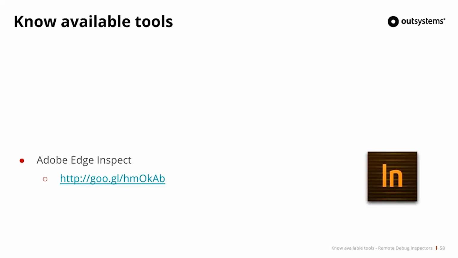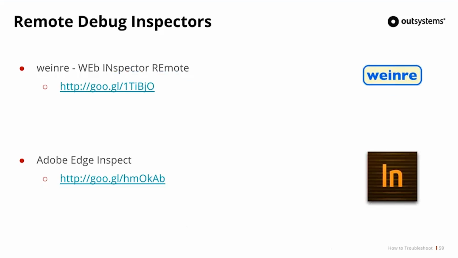So we'll talk now about some remote debug inspectors. We have the Weinre inspector, which is based on Node.js, and you will have a tag to put in your file, so you can remote inside the network.